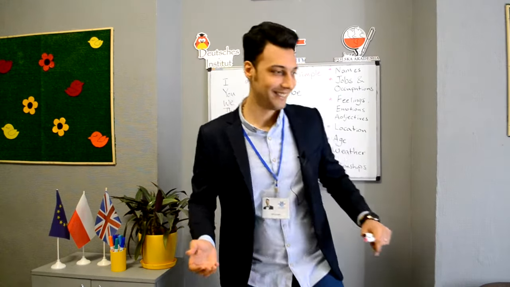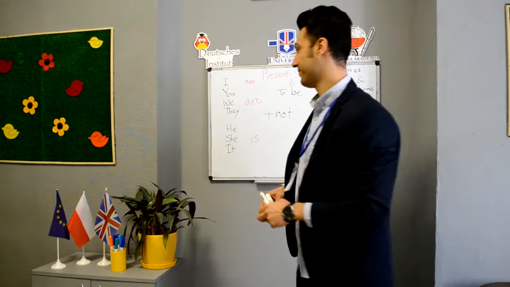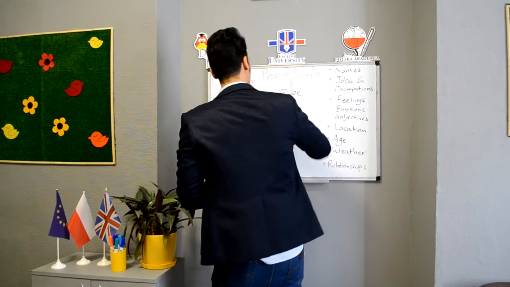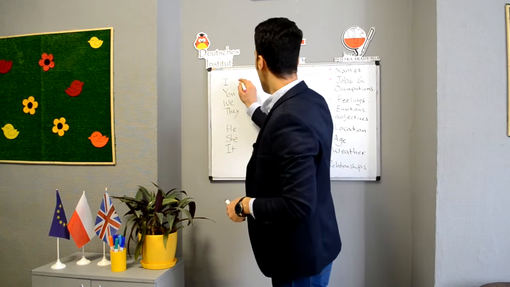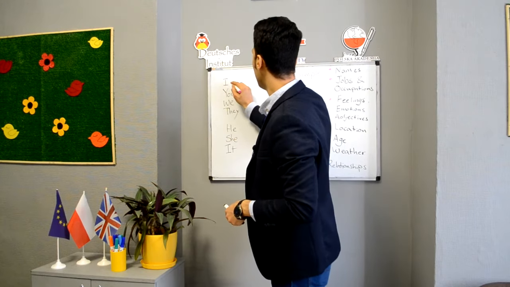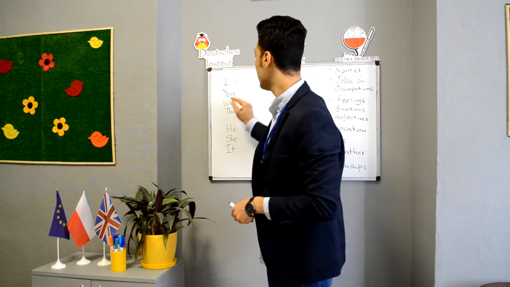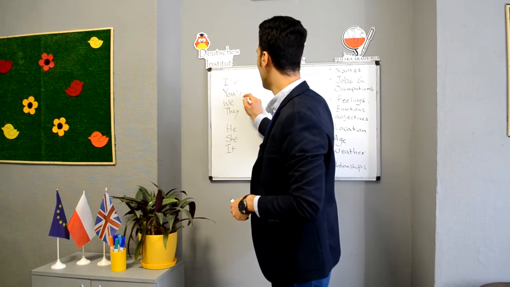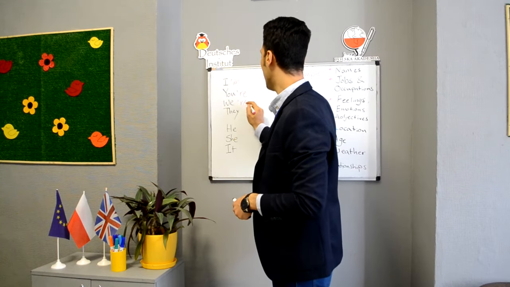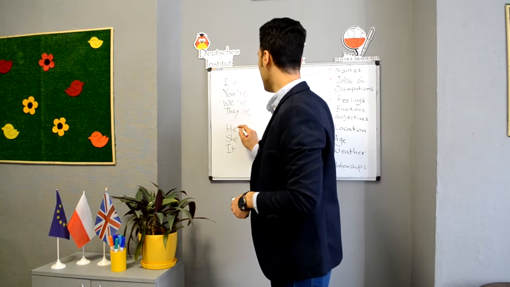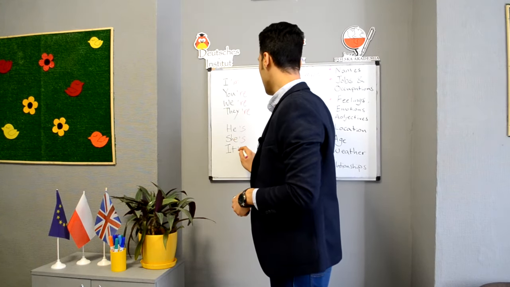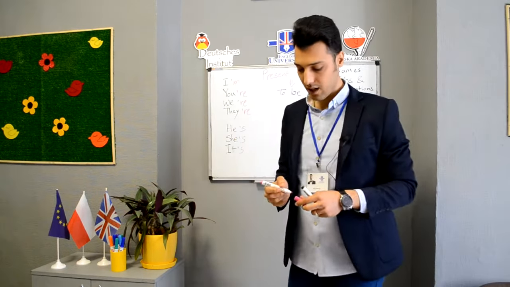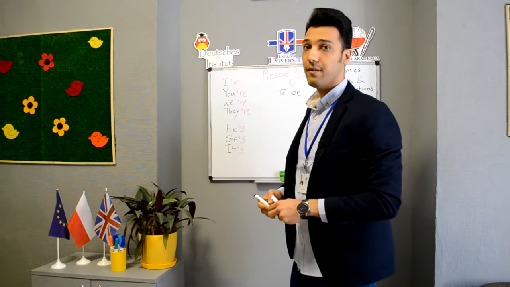It's there. I am, I'm; you are, you're; we are, we're; they are, they're; he is, he's; she is, she's; it is, it's. These are the contractions of the verb be.